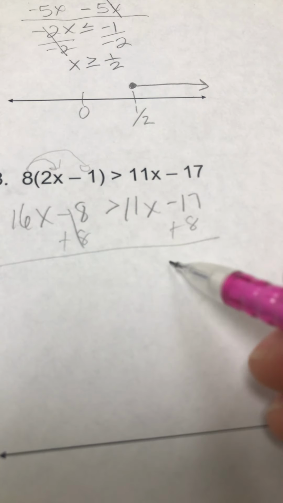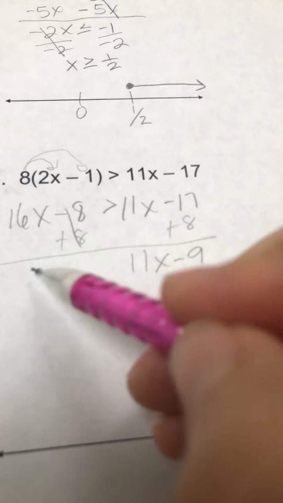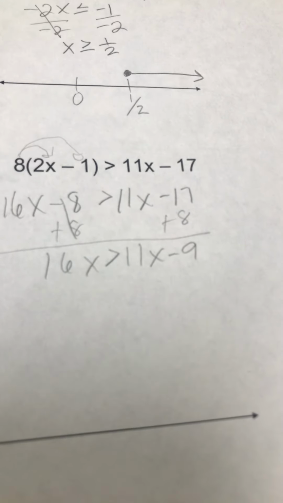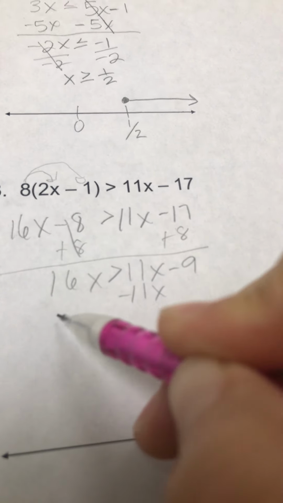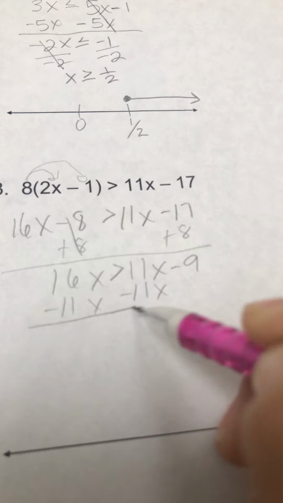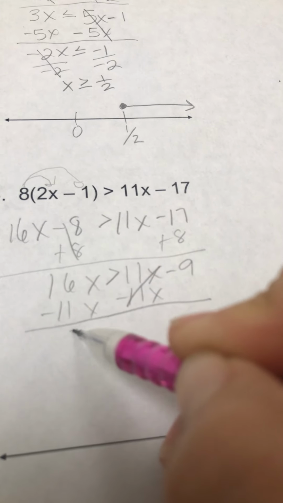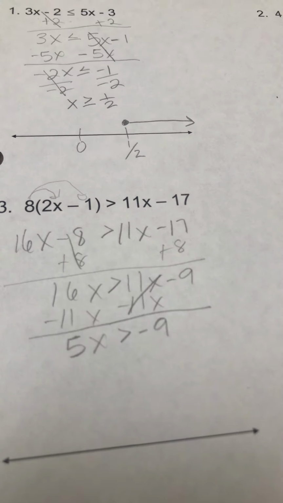And this will become what? Negative 9. So you have 11x minus 9. You're left with 16x is greater than 11x. Okay. So now we need to subtract our 11x. Okay, now these cancel. And you're left with what? 5x is greater than negative 9.